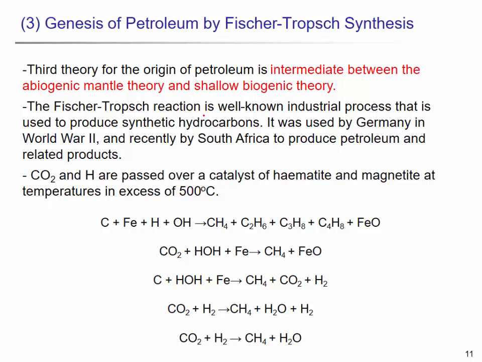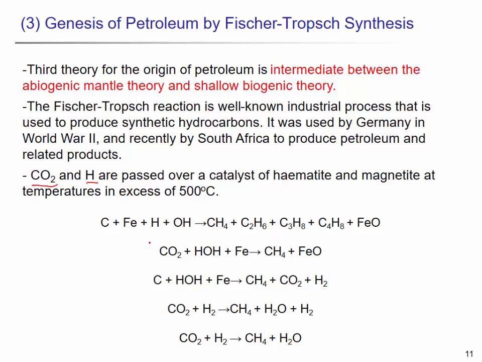This Fischer-Tropsch reaction is a well-known industrial process used to produce synthetic hydrocarbon. CO2, carbon dioxide, and H2, hydrogen, are passed over a catalyst, hematite and magnetite, at temperatures in excess of 500 degrees C. Then methane, ethane, and propane, this kind of hydrocarbon gas, is generated.